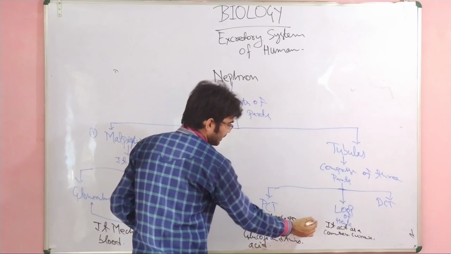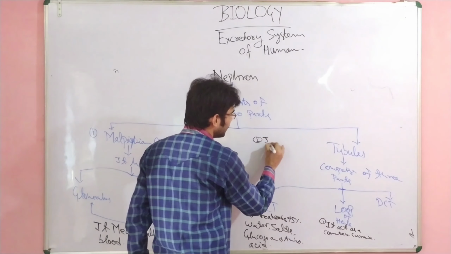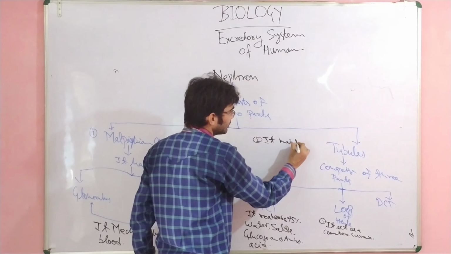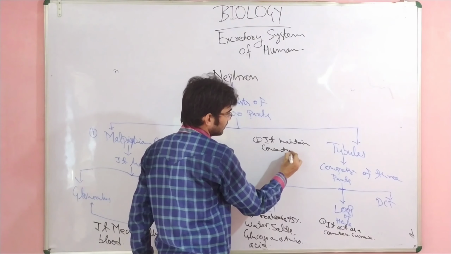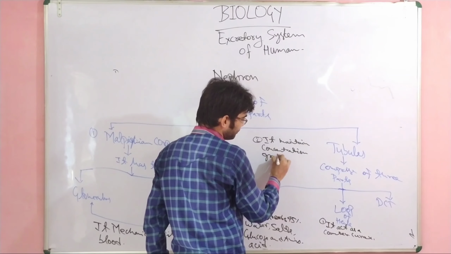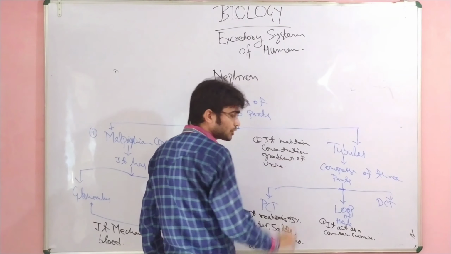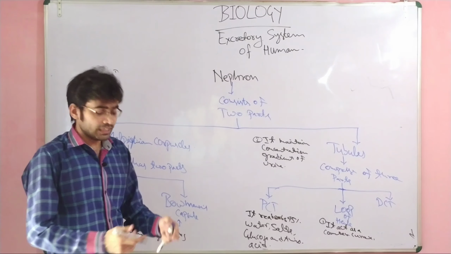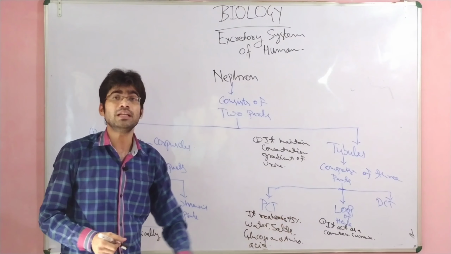So the loop of Henle, it is the first point. The second point I am writing here: the loop of Henle maintains the concentration gradient of urine. That is to say, the concentration of urine depends upon the length of the loop of Henle.